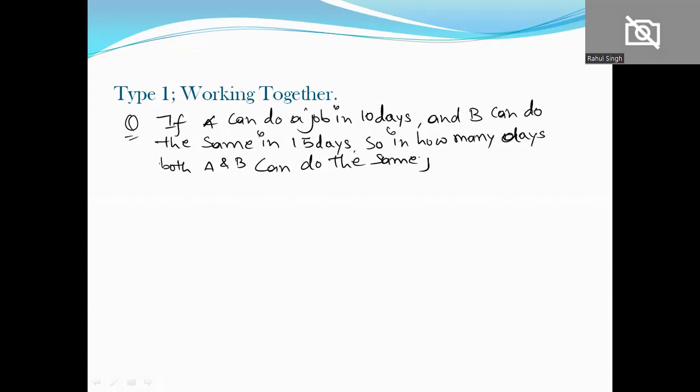Alright, the question is asking that if A can do a certain job in 10 days and B can do the same job in 15 days, so in how many days can A and B working together do the same job.